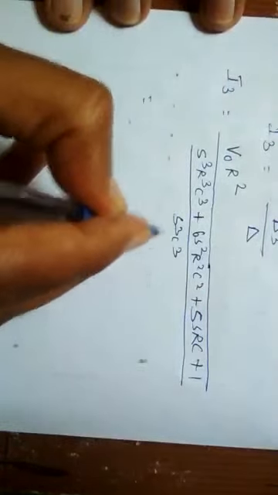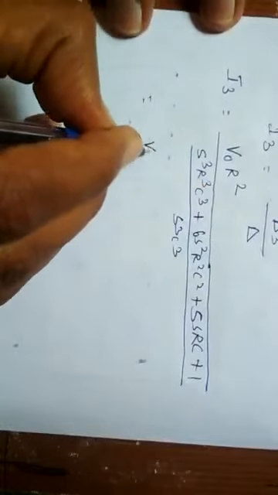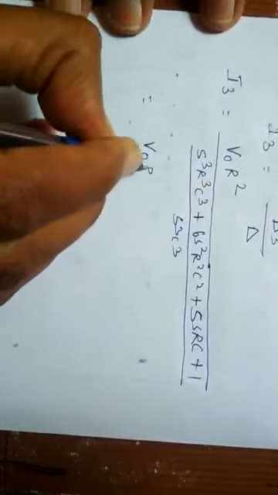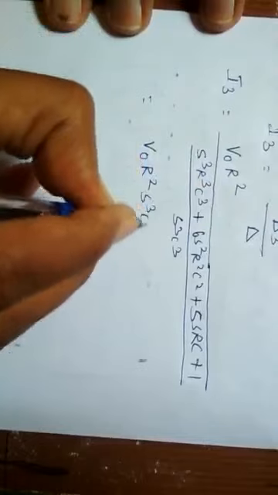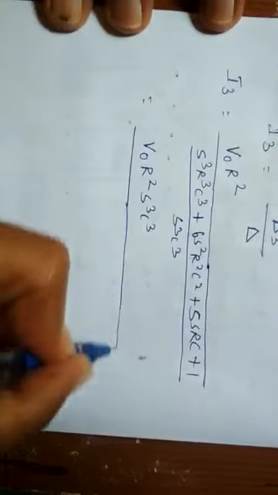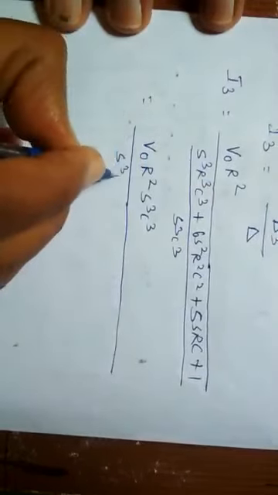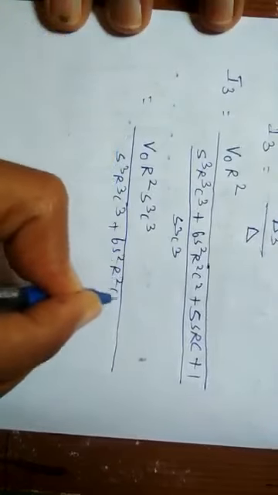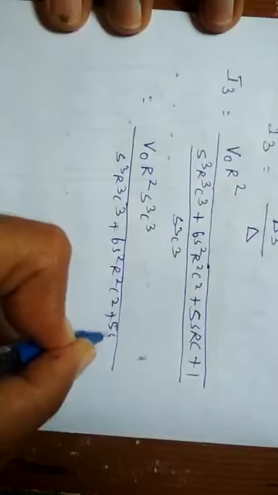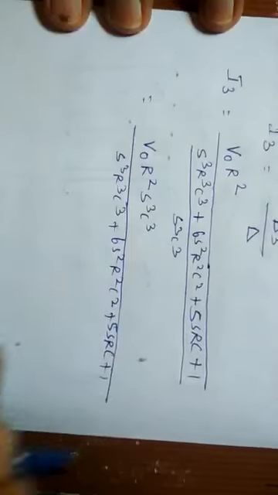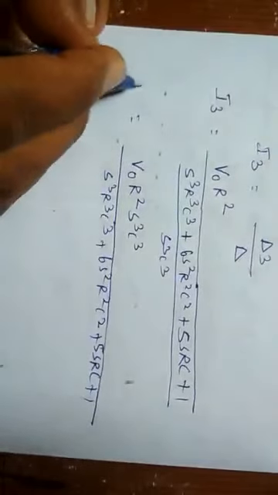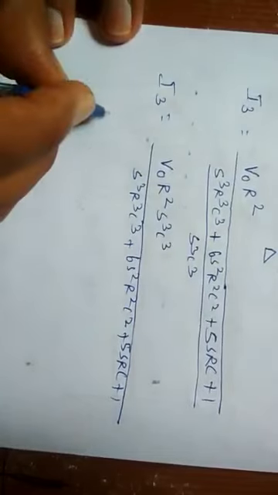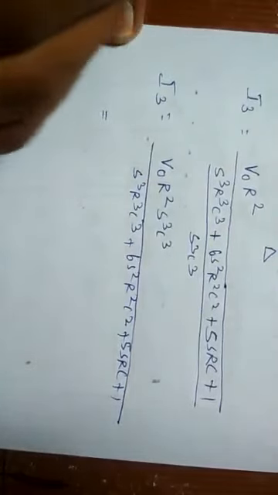So this denominator part will be moved to the numerator. We will be having V out R squared S cube C cube whole divided by S cube R cube C cube plus 6S squared R squared C squared plus 5 SRC plus 1. This is our I3, the final current which is responsible for producing the output of the feedback network.